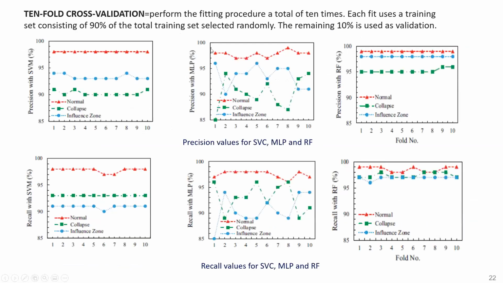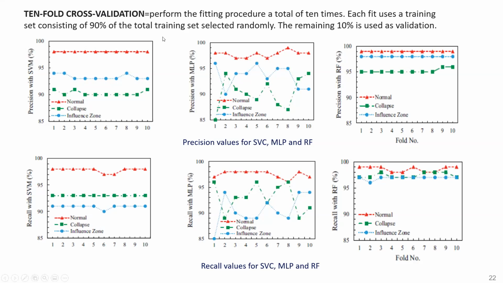Okay. If you look at the 3 procedures we have, the SVM, MLP, RF, we perform a so-called 10-fold cross-validation. This is nothing more than subdividing the complete data set into 10 bins, 10 parts, 10 sections, okay, 10 boxes.